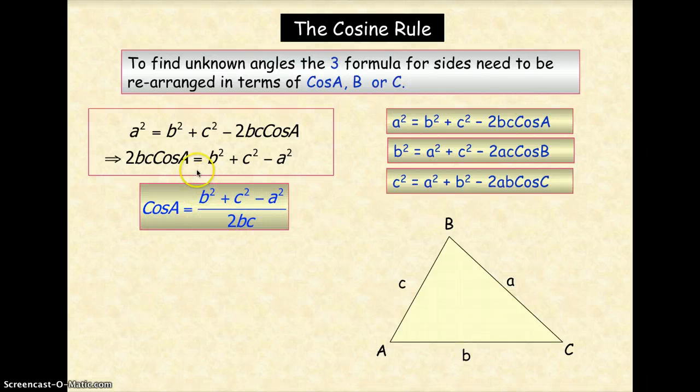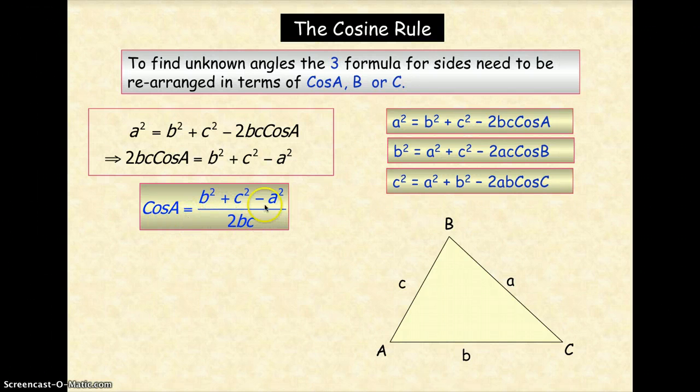If you're trying to find the angle A, this will be your formula: cosine A equals b squared plus c squared minus a squared, all over 2 times b times c.